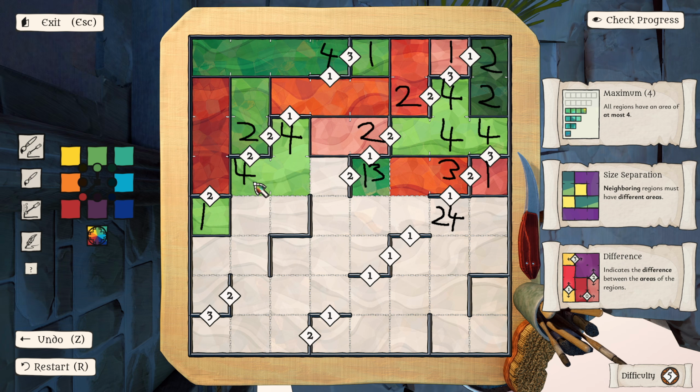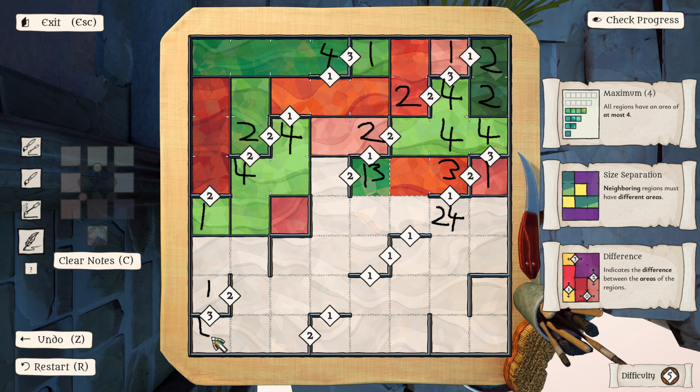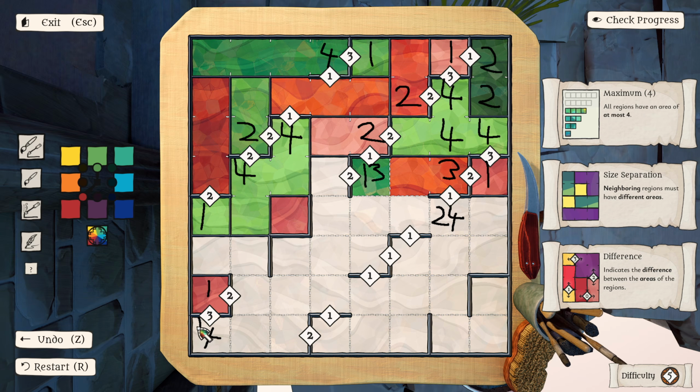Maybe I went wrong with where I stretched this 4 out. Maybe I could do this. And then this would be a what? A 1-4? 1, 3. Then the 3 can reach over like that.